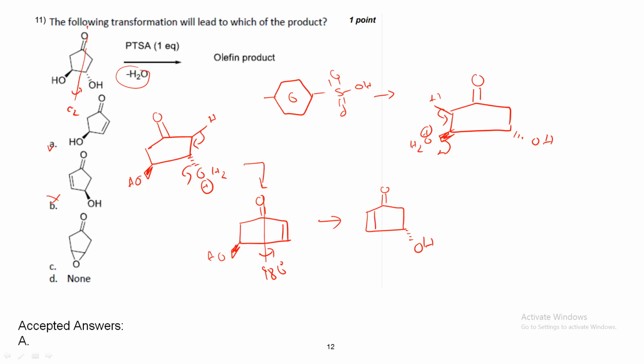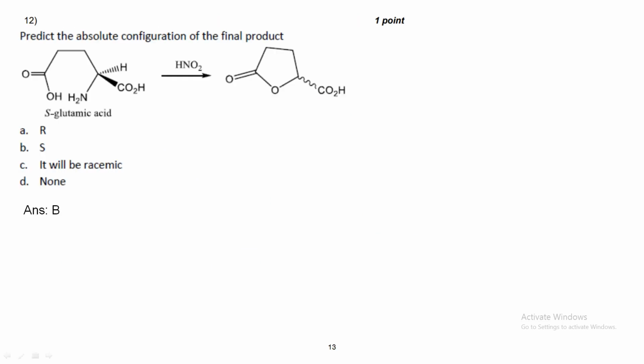So that's why the most appropriate answer would be A. And again, when we are using this kind of PTSA, this carbocation type thing is at first generated, followed by elimination, which would generate the olefin moiety.